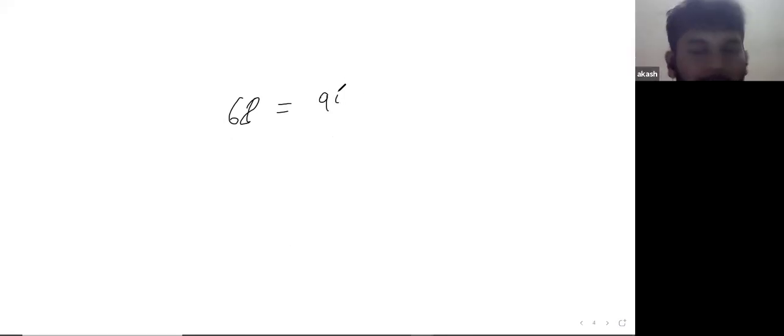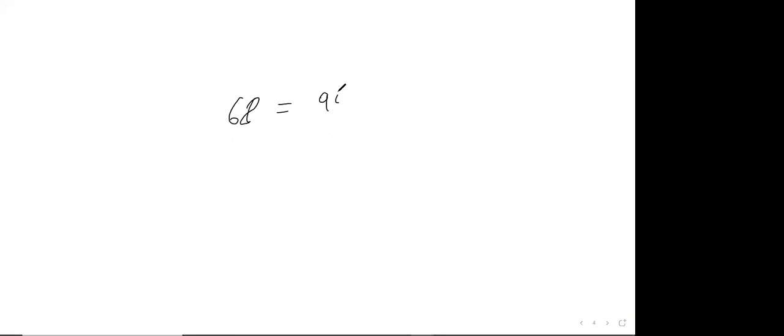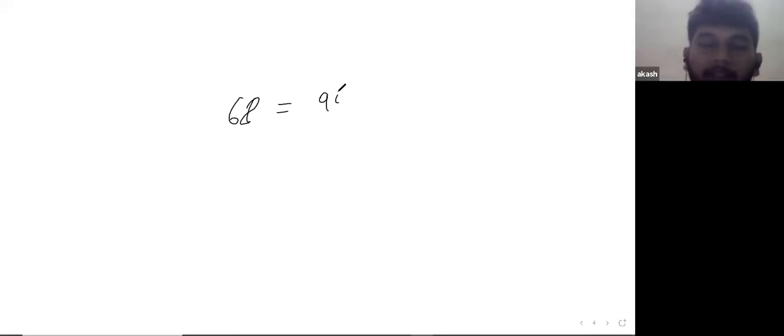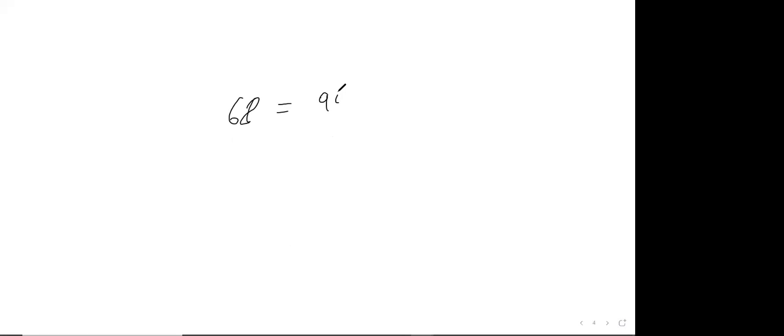Yes, so 68 is equal to 9C by 5 plus 32. Then we'll bring the 68 to the other side. You didn't use inequalities. You just converted 68 into Celsius and 77 into Celsius. Yes, sir, and then we'll get two numbers. Will that be the range, sir?